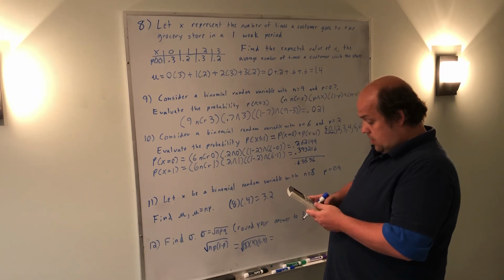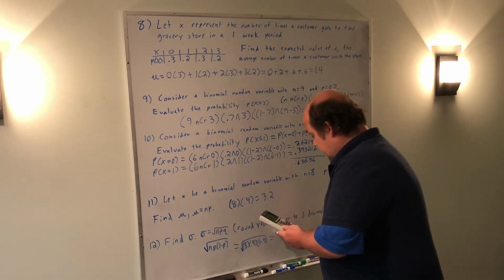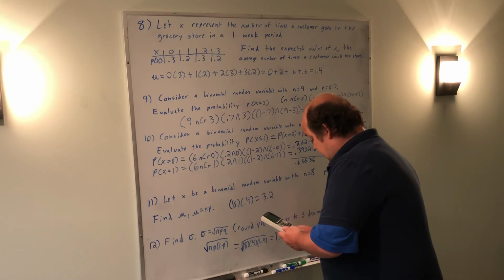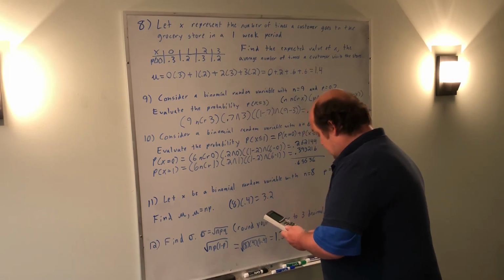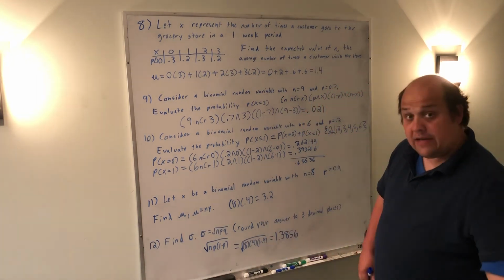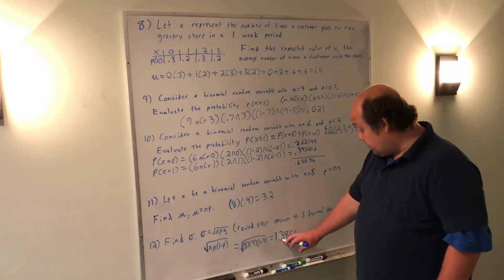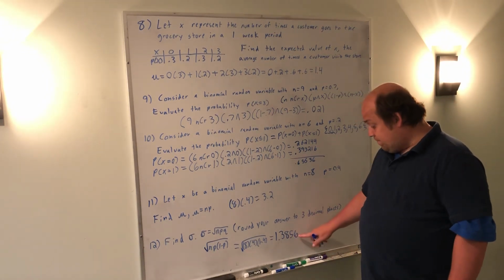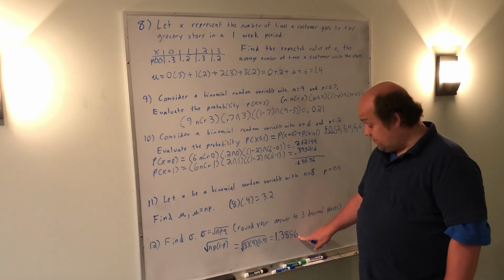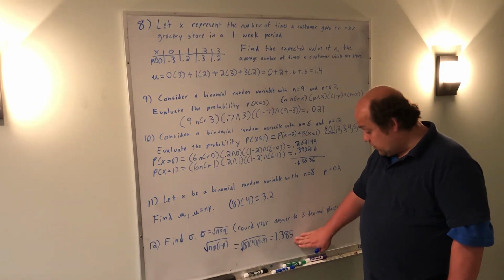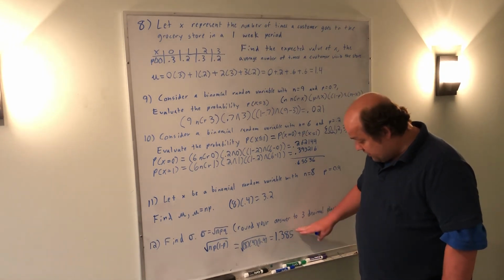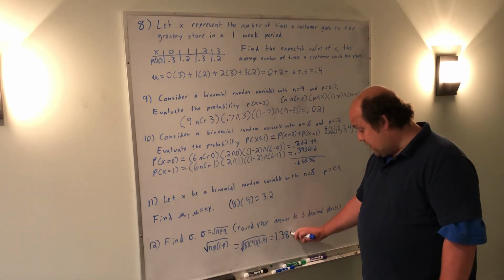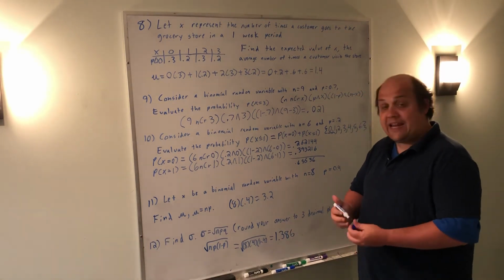And when I put that all under the root, the final answer is 1.3856. It asked me to round to 3 decimal places. 3 decimal places would be this 385, but since I'm dropping something that's 5 or larger, I have to round up. So when I drop that 6, I round this 5 up by 1, and my final answer becomes 1.386.